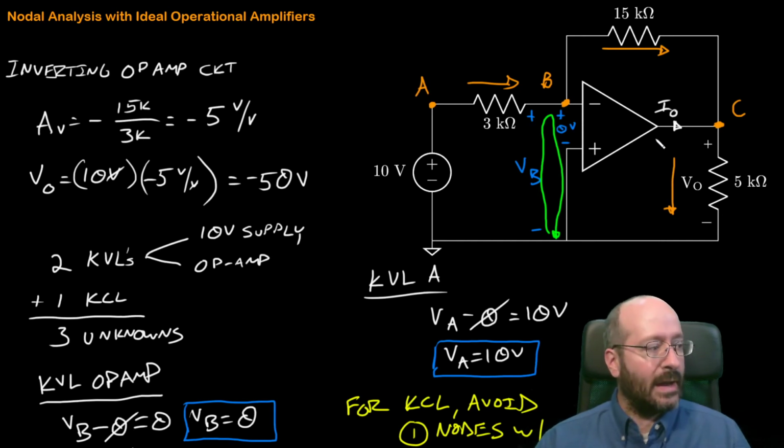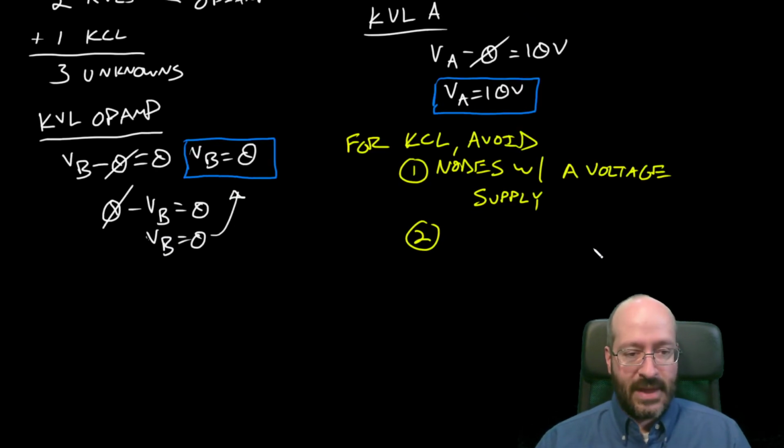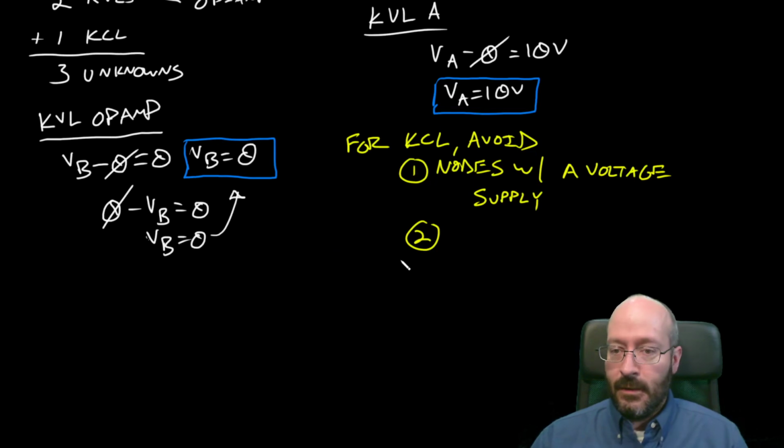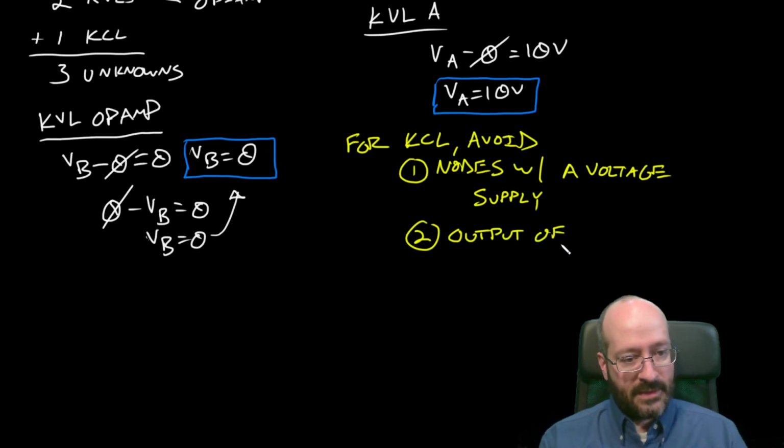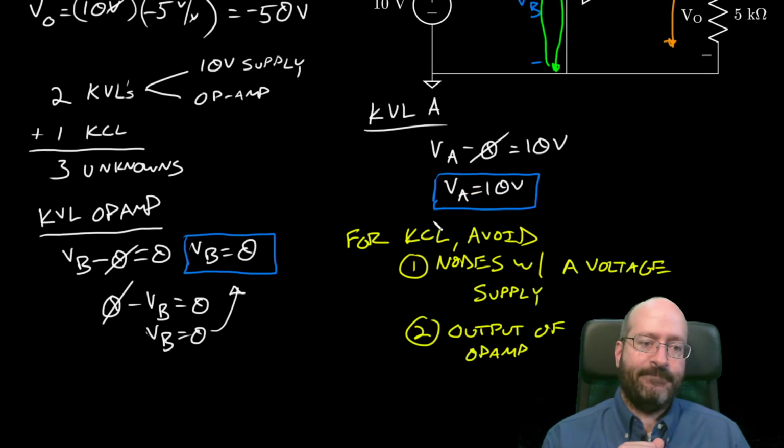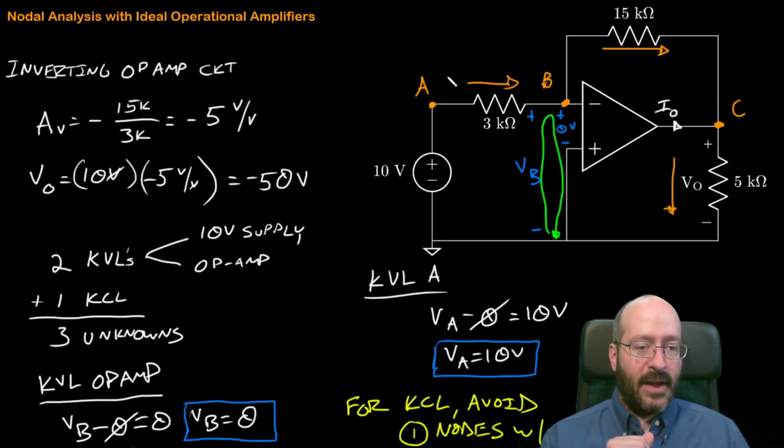So I'm going to avoid the output of an op amp. It's important that you know the difference between the outputs and the inputs. We can assume something about the inputs, but we can't about the output, and that's why we avoid it.